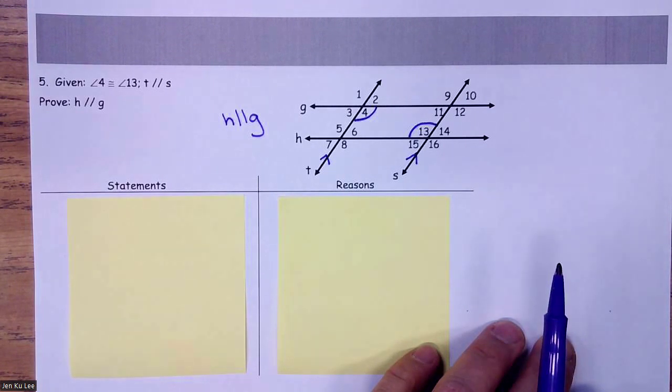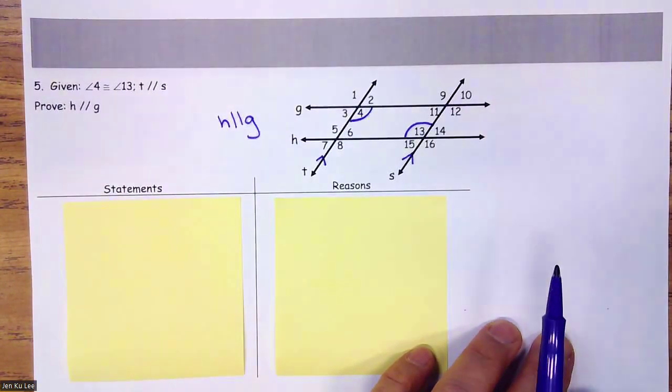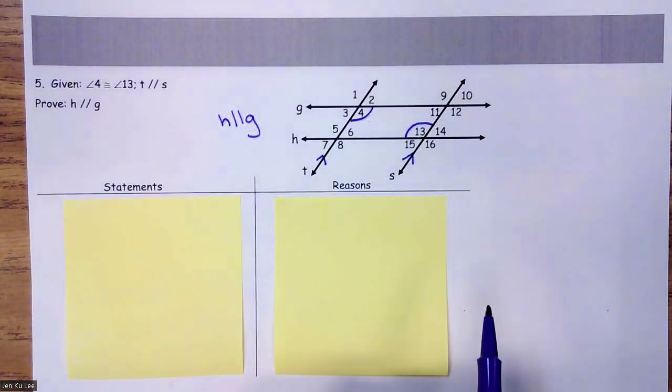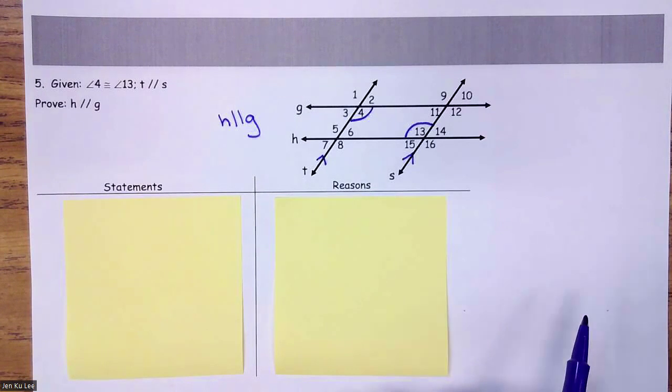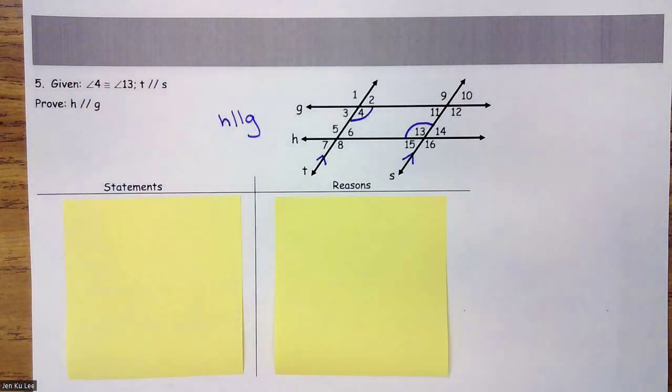I find a pair of same side interior angles that are equal to 180. I find one pair of same side exterior angles that are equal to 180. Those are the only 5 things, okay? So if two lines are cut by a transversal and I have one of those 5 angle relationships, then the lines are parallel, right?